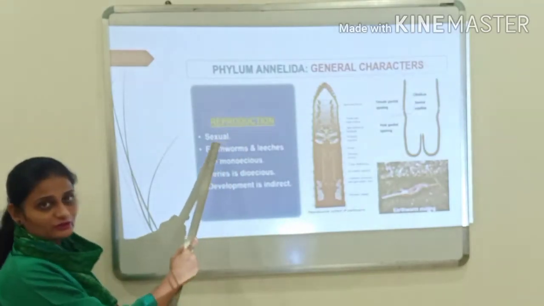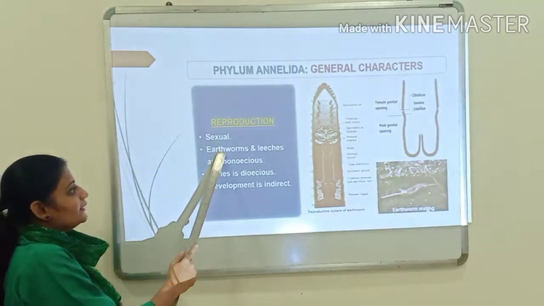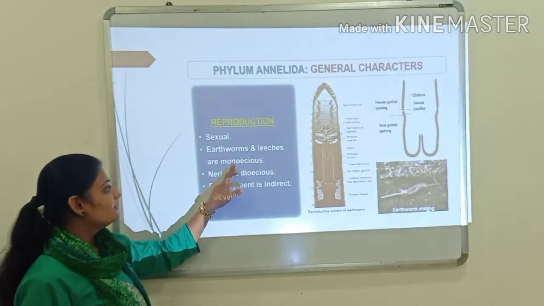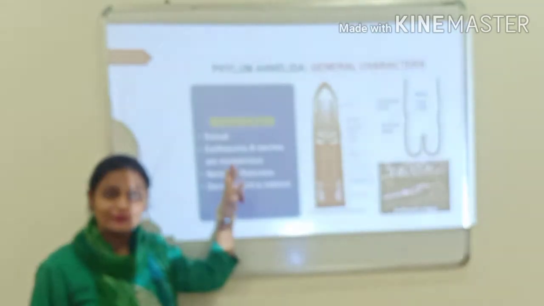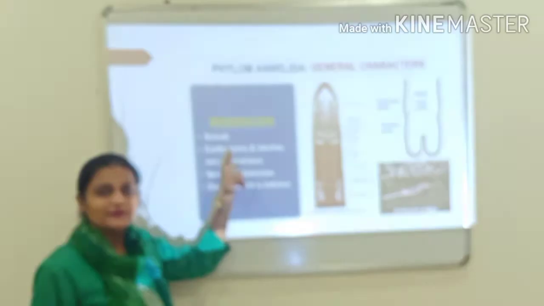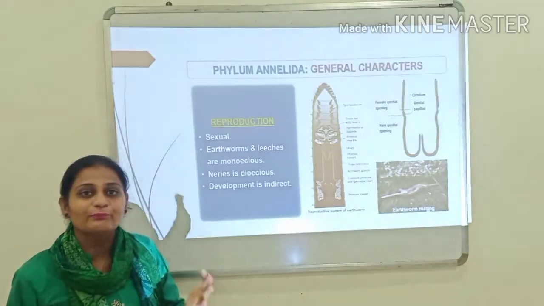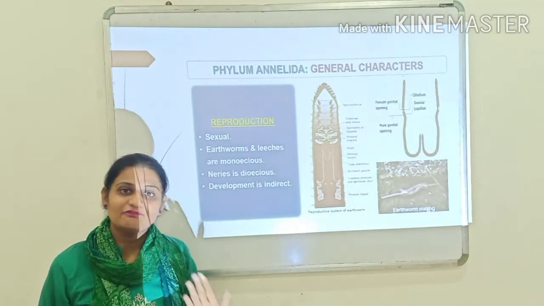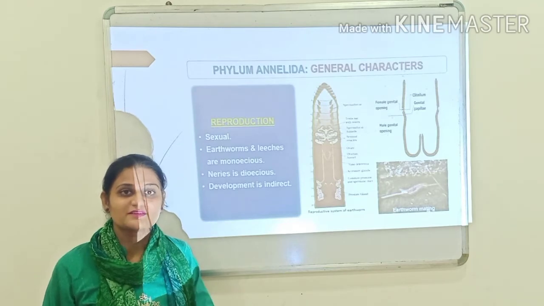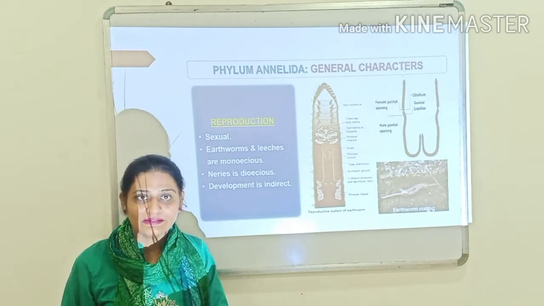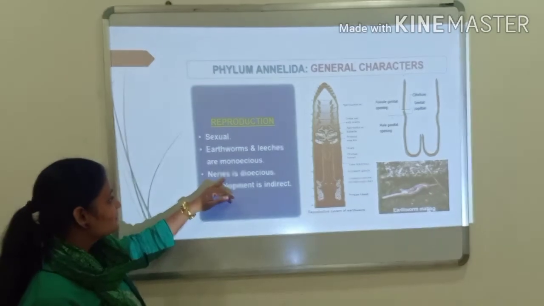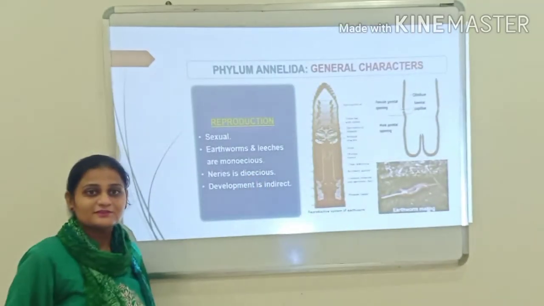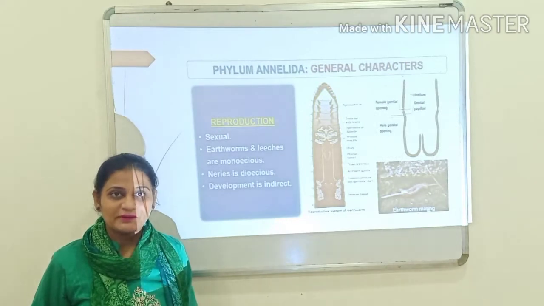Reproduction is of sexual type. Earthworms and leeches are monoecious. Okay, you can say monoecious or hermaphrodite. That means in earthworms and leeches, both the reproductive systems, that is male reproductive system and female reproductive system, is present in one individual only. Whereas Nereis is dioecious. Dioecious means both the sexes are separate.